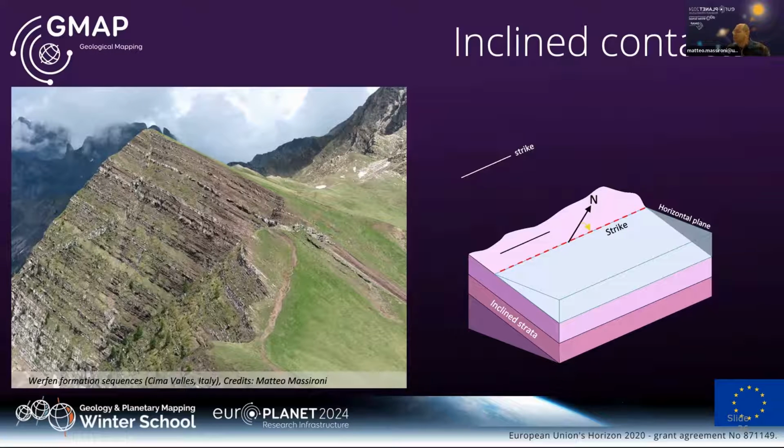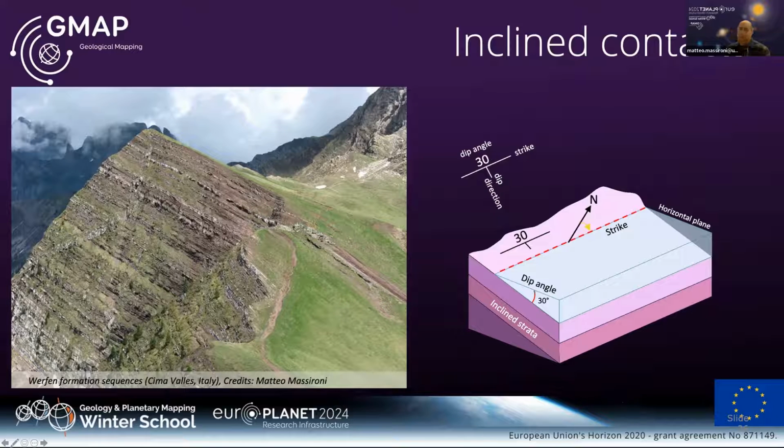The strike is the intersection between the plane of the stratification and a horizontal plane. Perpendicular to the strike, along the maximum inclination line of the strata, we have the dip direction, which is the other measurement that can be done, and finally we can measure the inclination with respect to the horizontal plane.